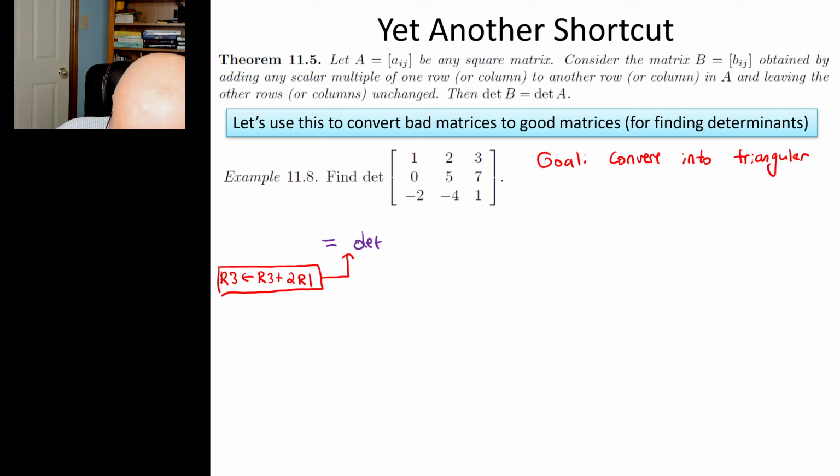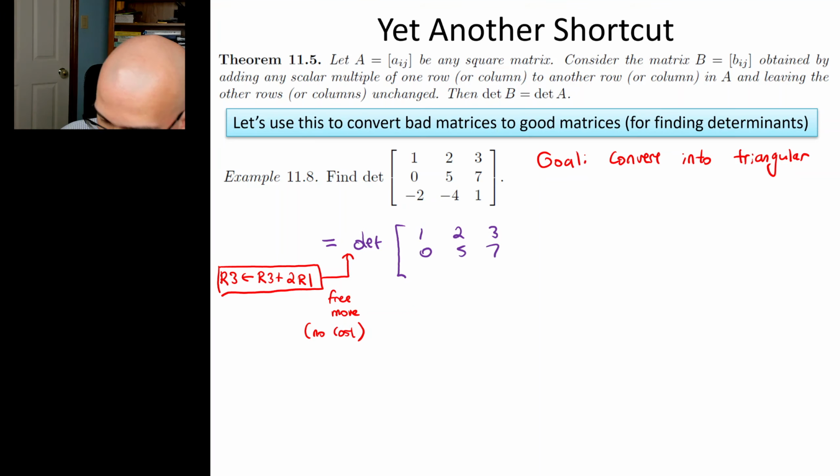This is a free move. Has no cost. So it'll be the determinant of 1, 2, 3, 0, 5, 7, and then -2 plus 2 times 1, 0, -4 plus 2 times 2, 0, 1 plus 2 times 3, so 1 plus 6, 7.